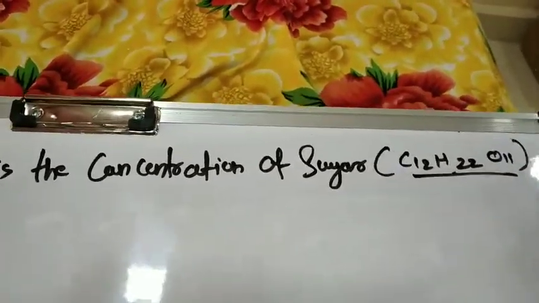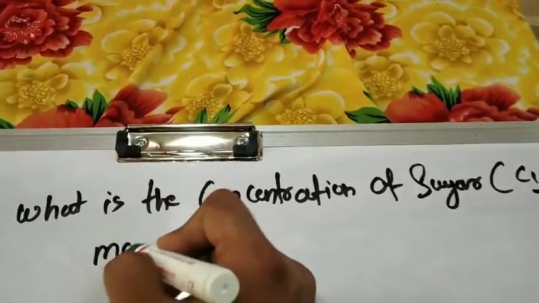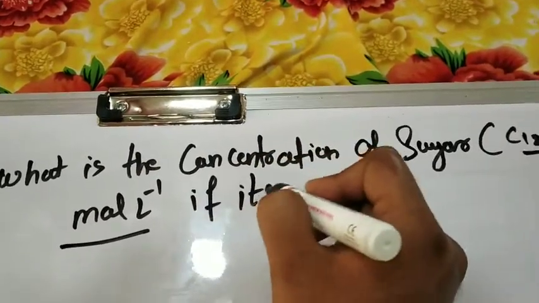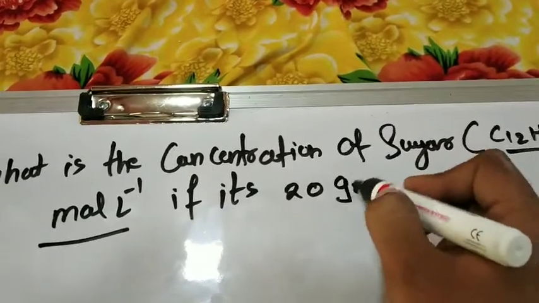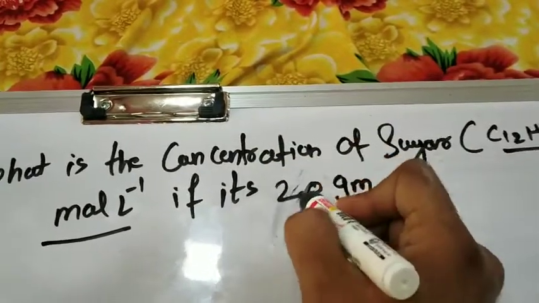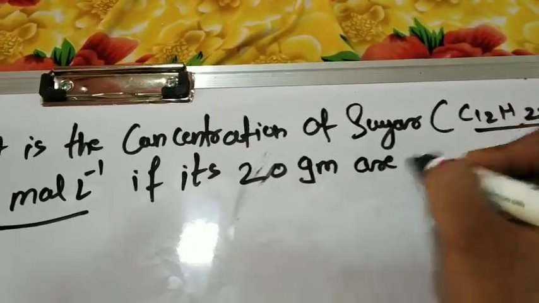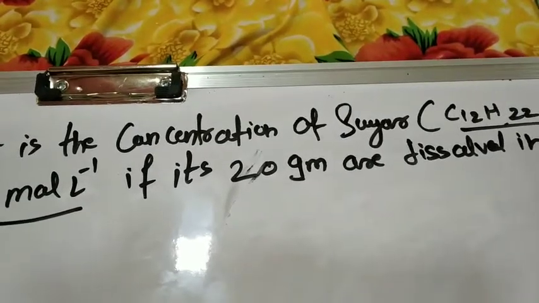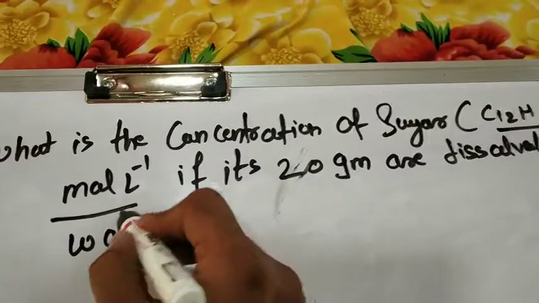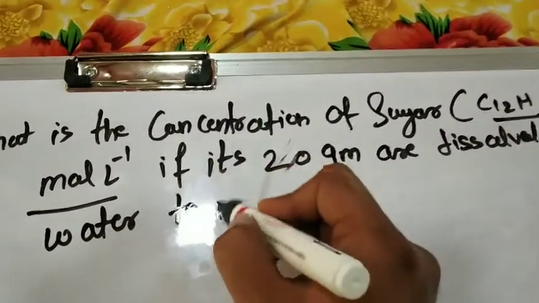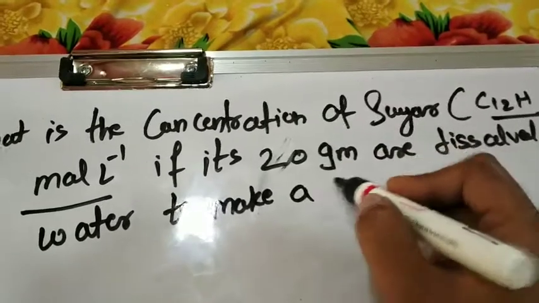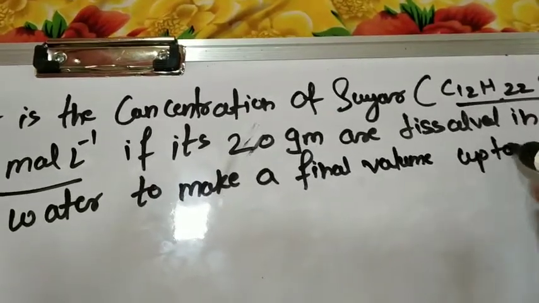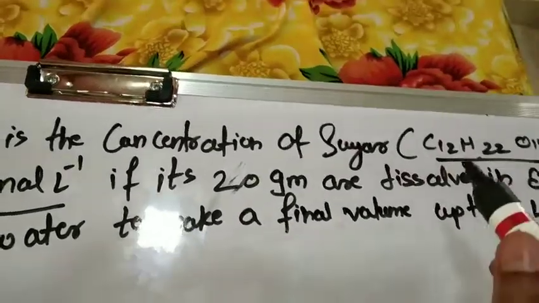Okay, in mole per liter, if 20 gram are dissolved in enough water to make a final volume up to 2 liters. Okay, so this is the question.